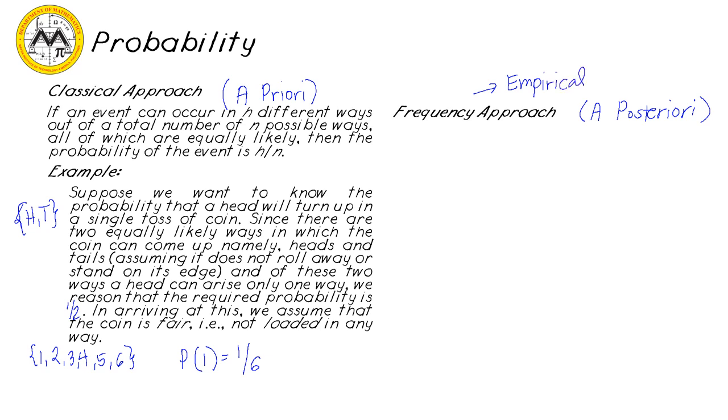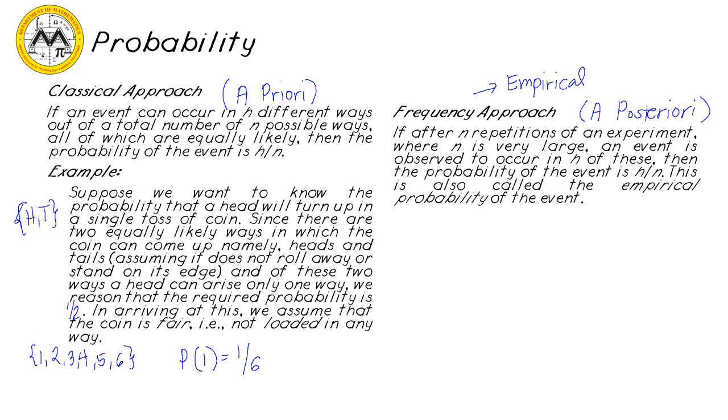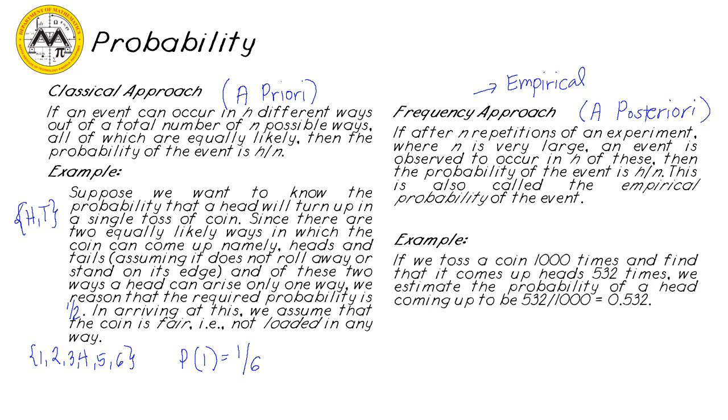We base the probability from previous experiments. So if after n repetitions of an experiment, where n is very large, an event is observed to occur h times, then the probability of the event is h over n. This is also called the empirical probability of an event.